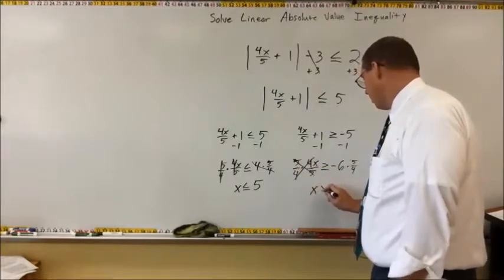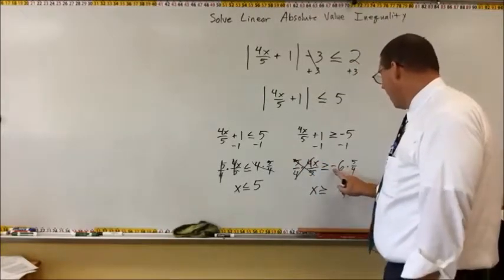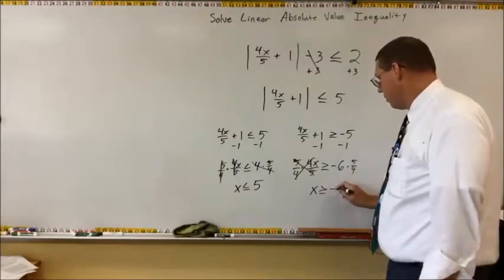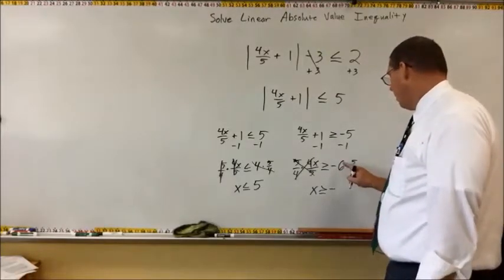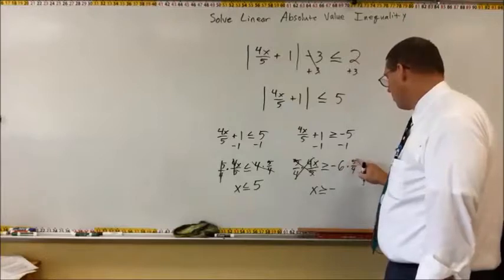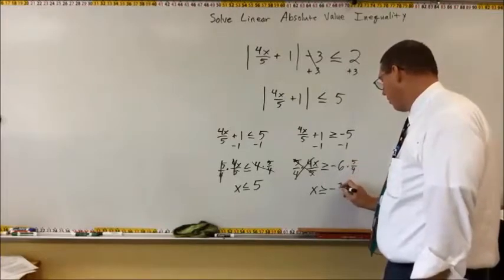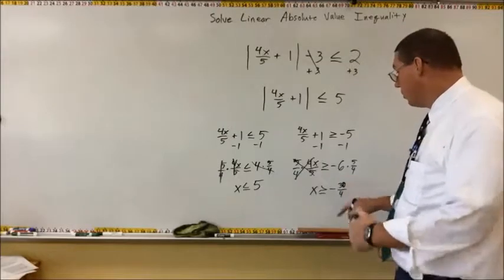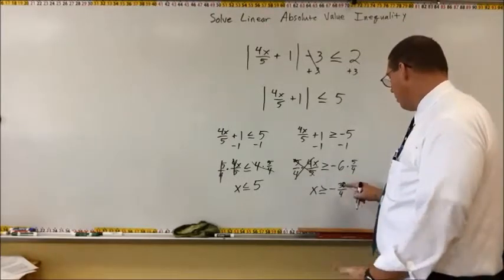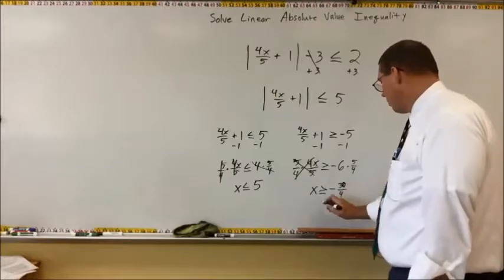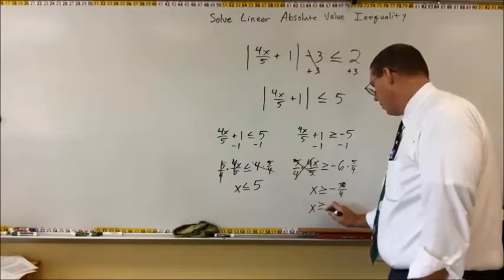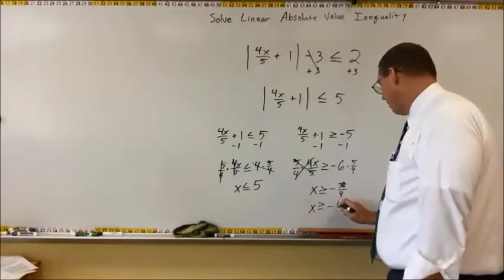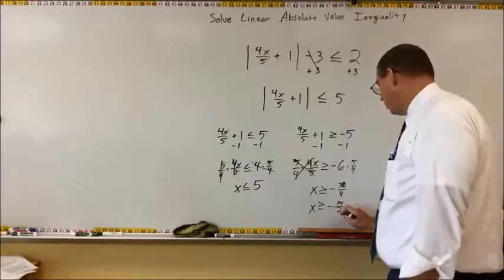That gives us x is greater than or equal to, negative times a positive is a negative, so we know our answer is going to be a negative. 6 times 5 is 30, so we got 30 over 4, which can be reduced. Each one of these numbers can be divided by 2, so really now it's x is greater than or equal to negative 15 over 2, and we're done.